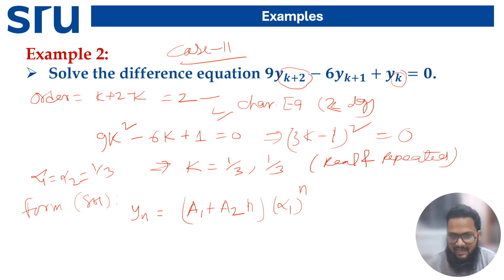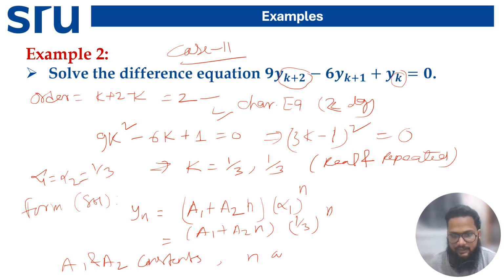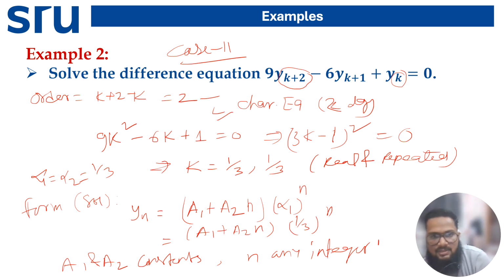We are not using k here because k is already there. So the actual form is a1 plus a2 n, times 1 by 3 power n, where a1 and a2 are constants and n is any integer. So this is case 2.